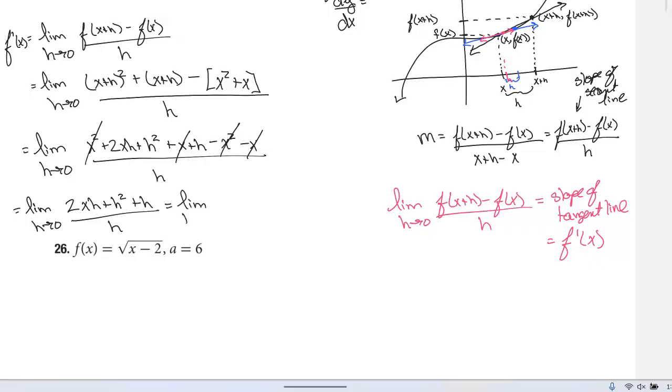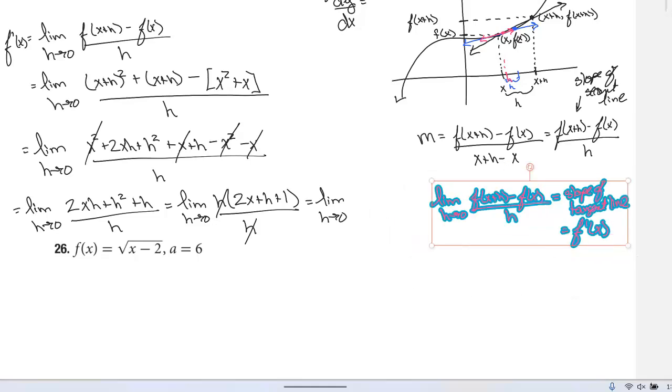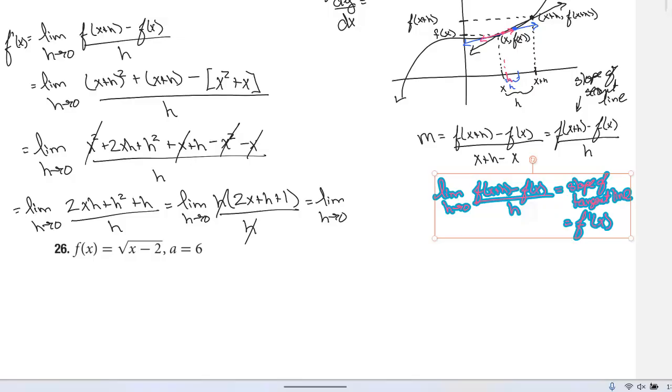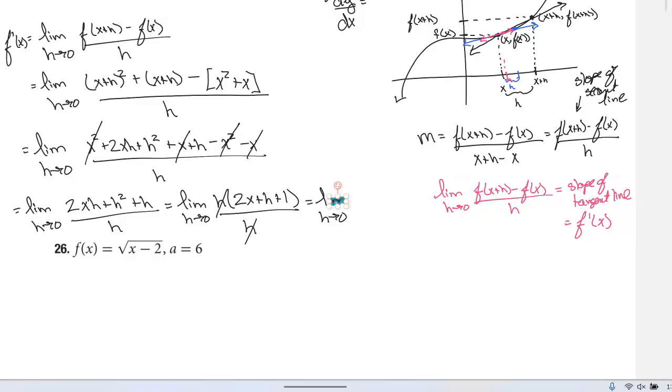And we could factor out an h in the top. And then we can cancel those. So I'm going to take the limit as h goes to 0. Let me see if I can move this over a little bit. 2x plus h plus 1. And if I plug in 0 for h, I'm going to get 2x plus 1.